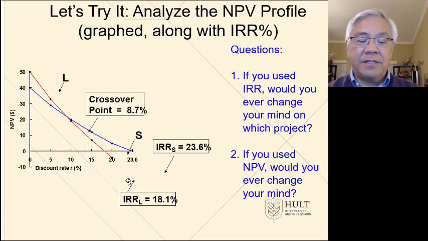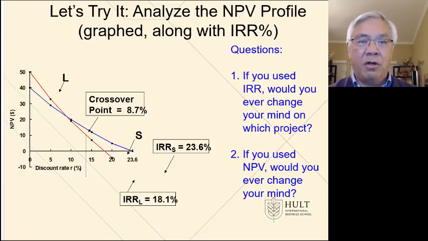Now, if we plotted those on a two-dimensional axis, where the horizontal axis is the discount rate and the vertical axis is NPV, and this is just the data we saw on the prior slide, we see a crossover point. What the crossover point represents is if the rate of return is higher than 8.7%, then S is better.